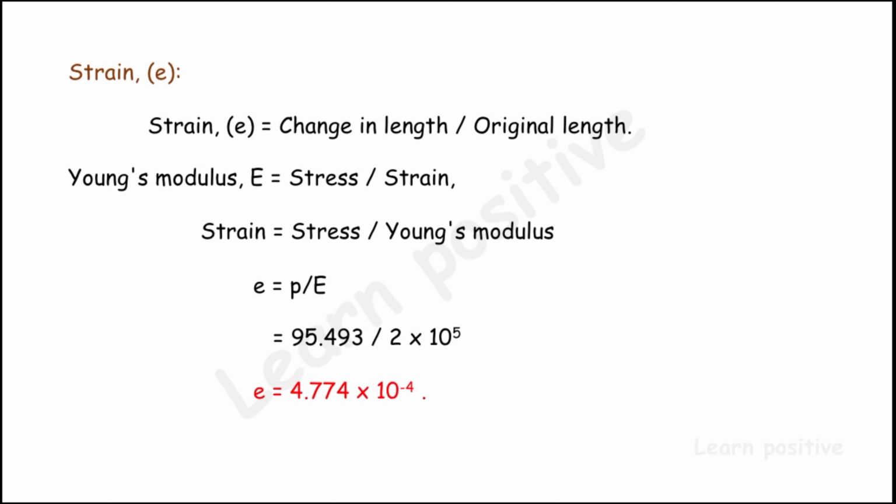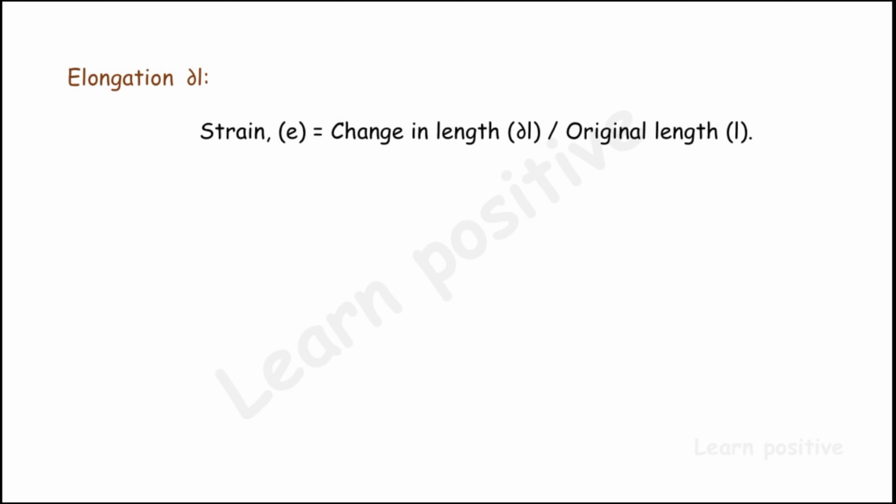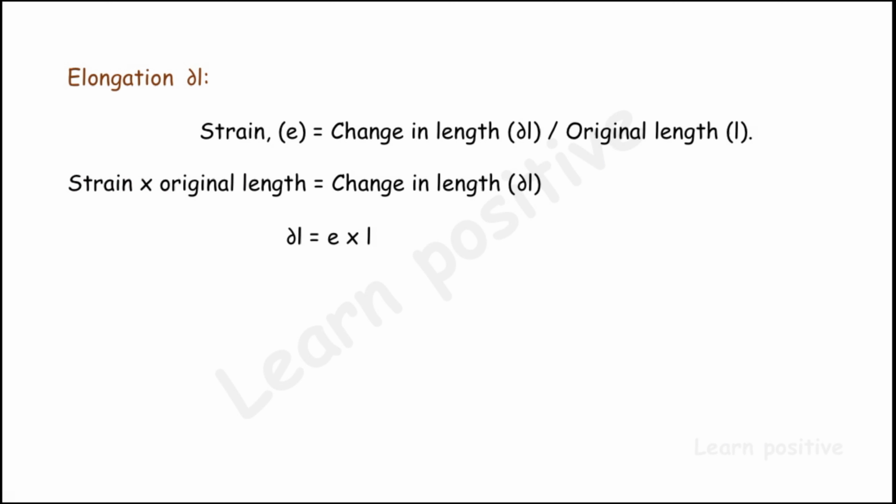And the next one is we are going to find elongation, del L. So we are going to use the strain formula. The strain formula is change in length by original length, and now I am going to transfer the original length to the left hand side. So we get strain into original length equal to change in length. So the formula of change in length is strain into length, that is e into small l.